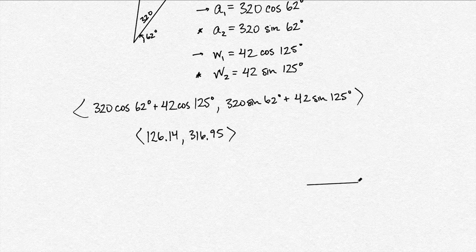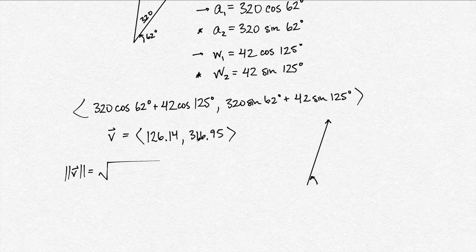We've got this new vector, and we are looking for the length of it, and then of course this angle here. As far as the magnitude, we have a formula for that. We'll call this vector v. The magnitude of v is the square root of the sum of these two components squared.